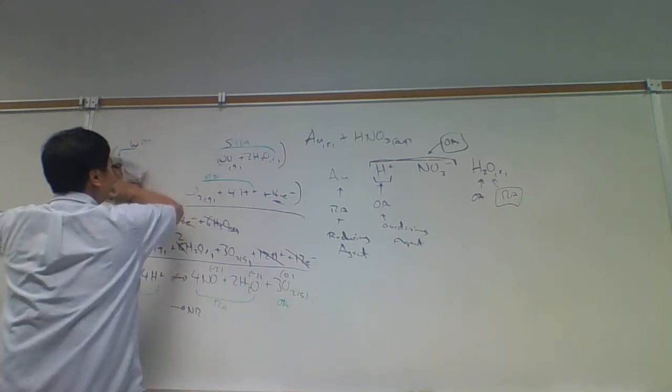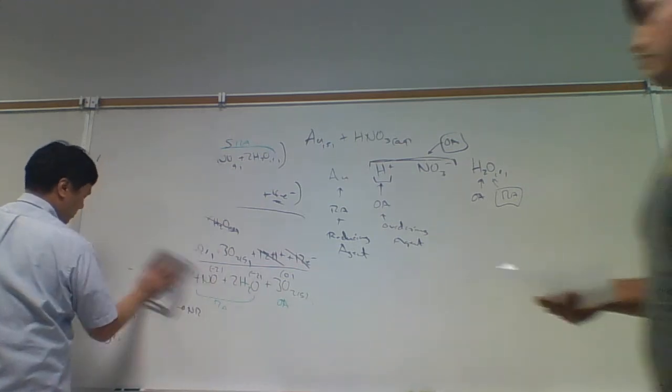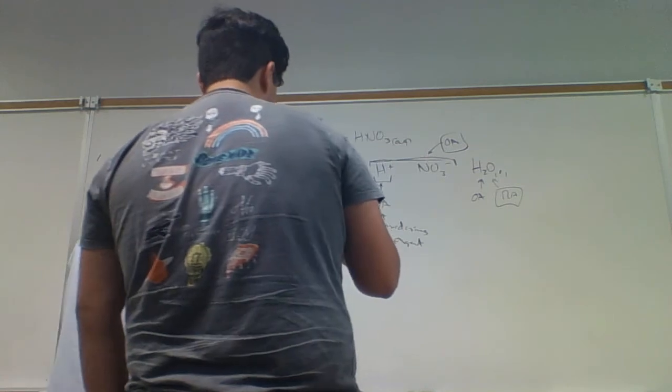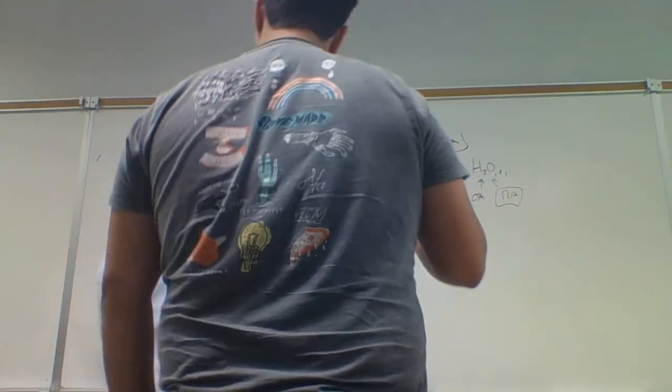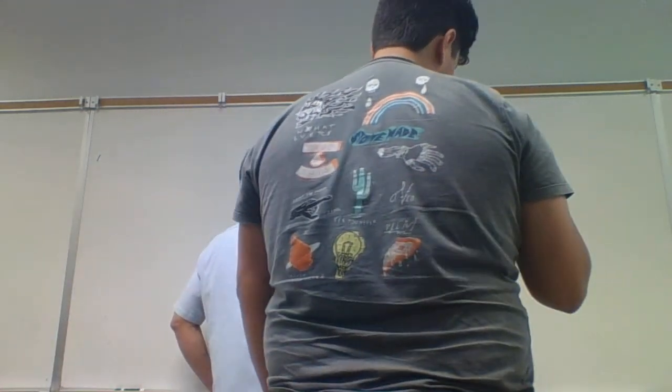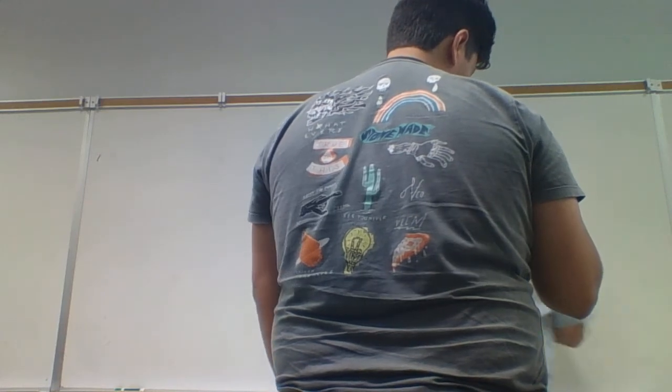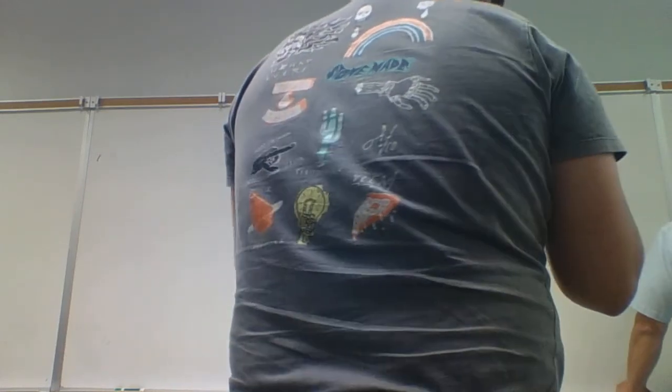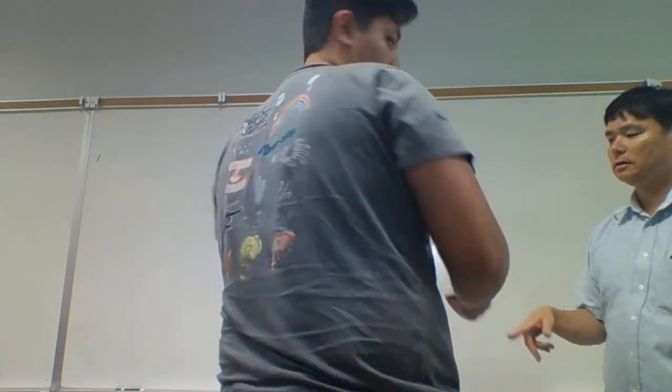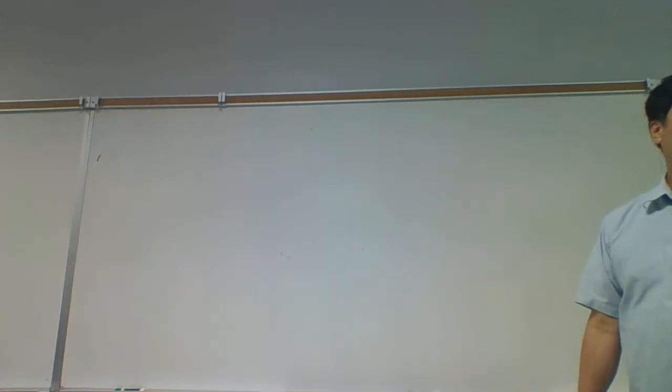Sir, I was looking over the homework that you posted for the reactions. I have a couple questions. Are we supposed to know all these that were posted? No, you're supposed to work on all those.